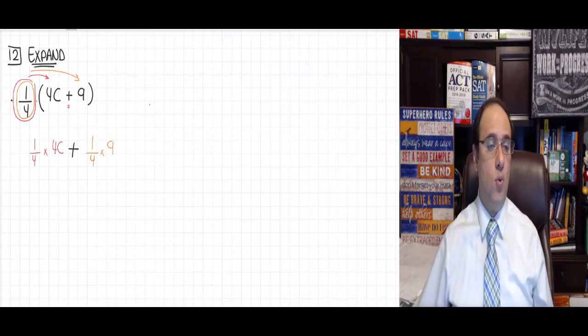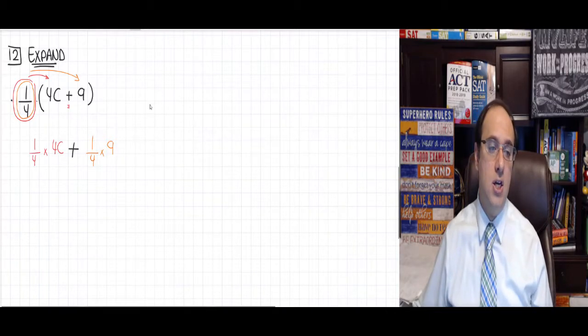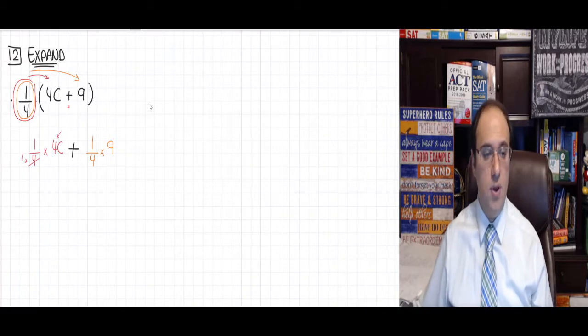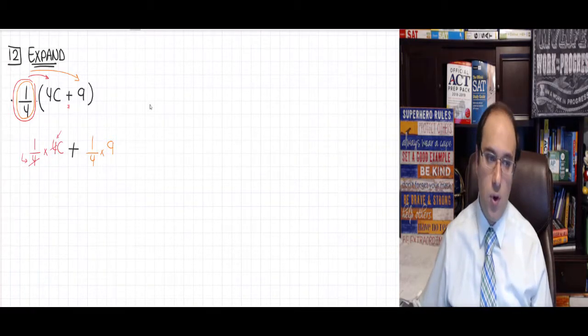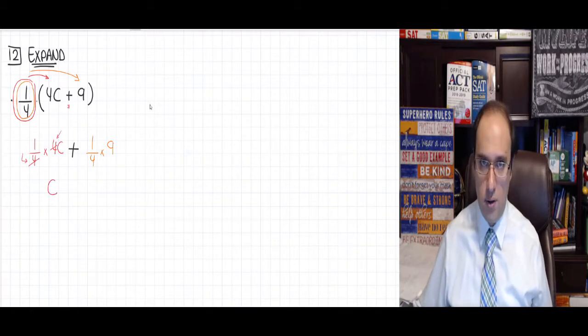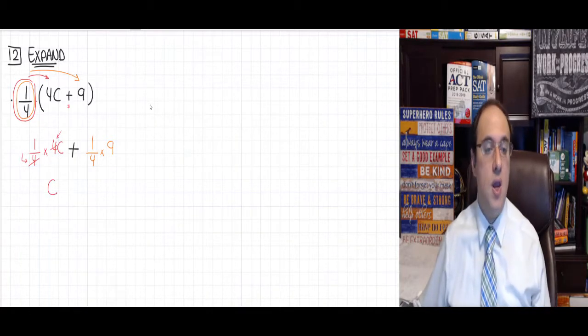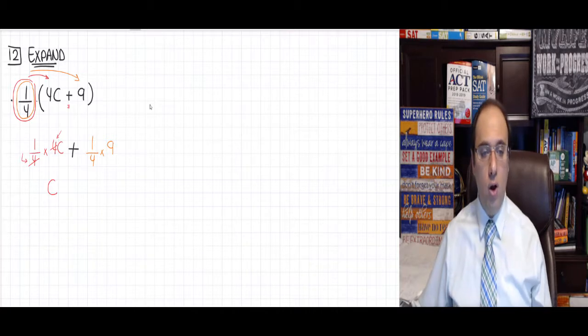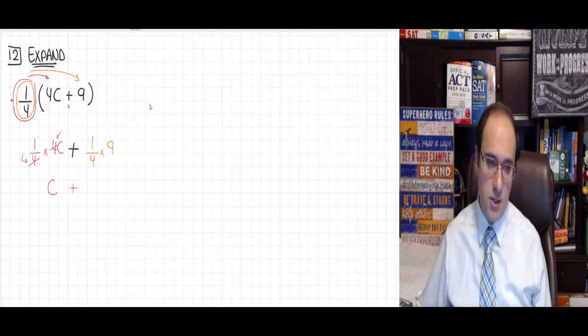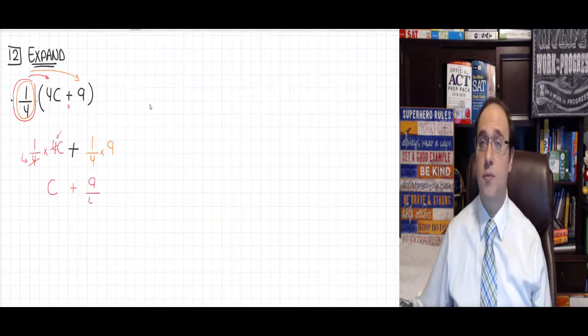Now, let's take a look here. When you have, of course, a denominator of 4 multiplied by a numerator of 4, they cancel out. So this is just c. 1/4 times 4 is 1. So 1 times c, c. Plus 1/4 times 9 is 9/4. Okay?